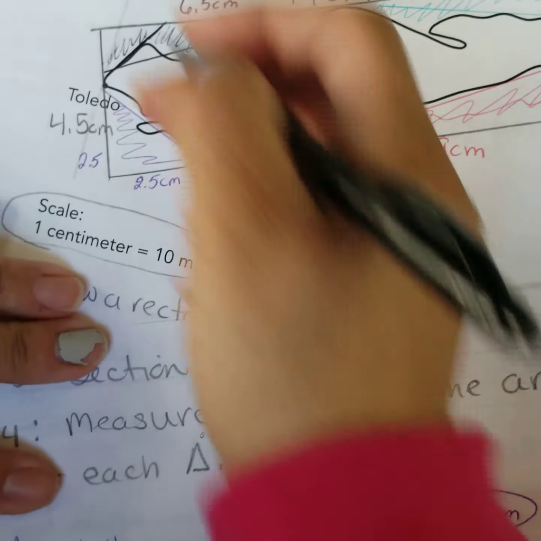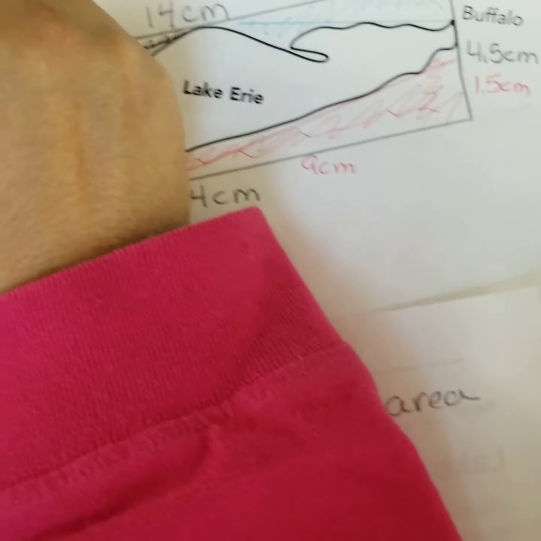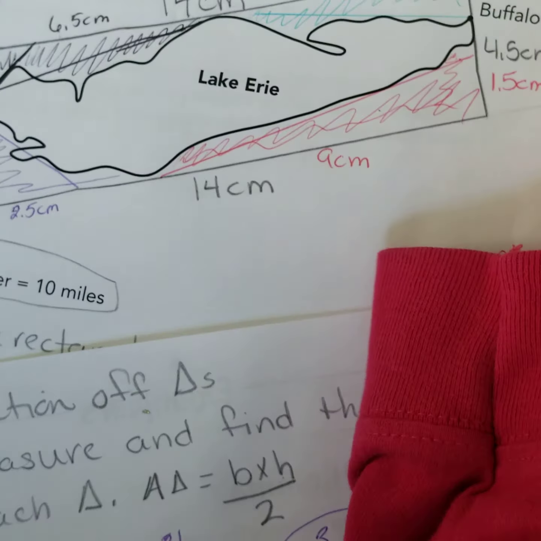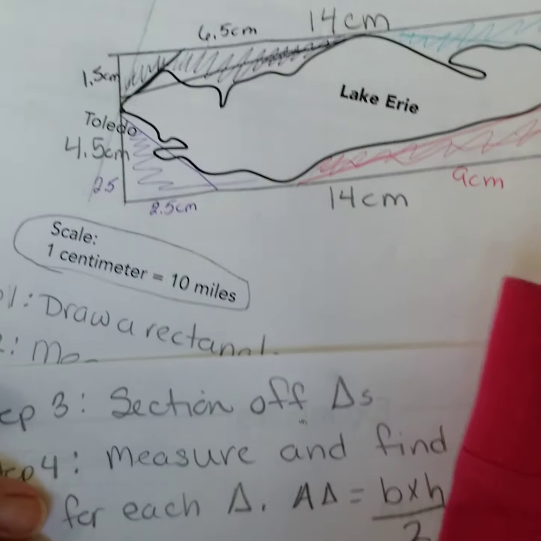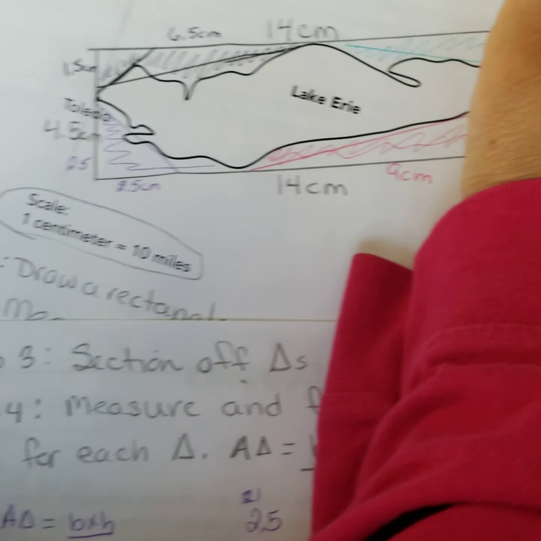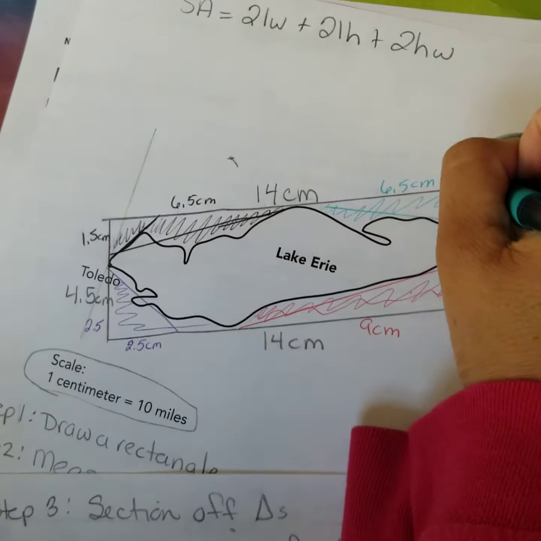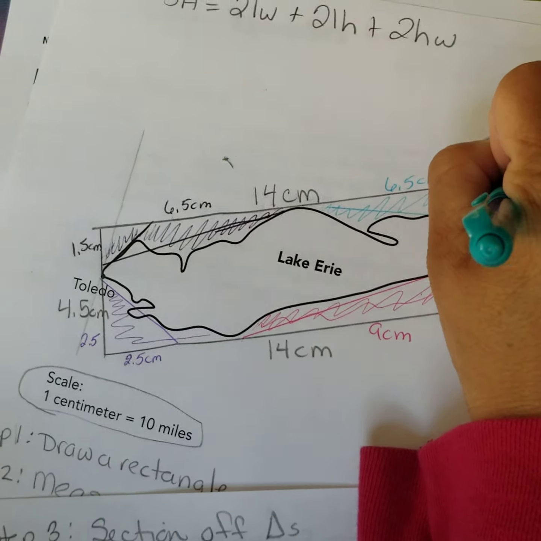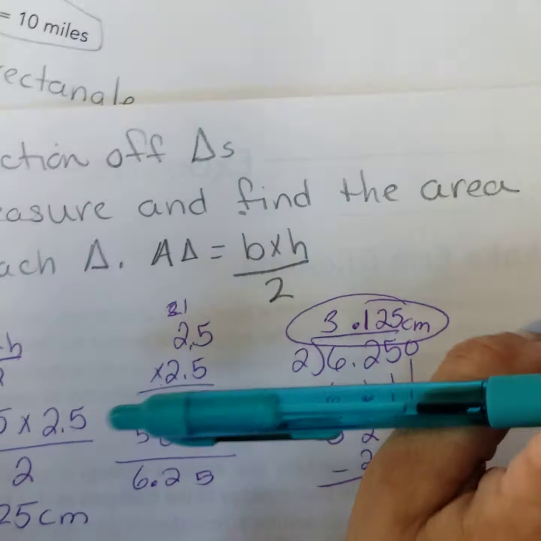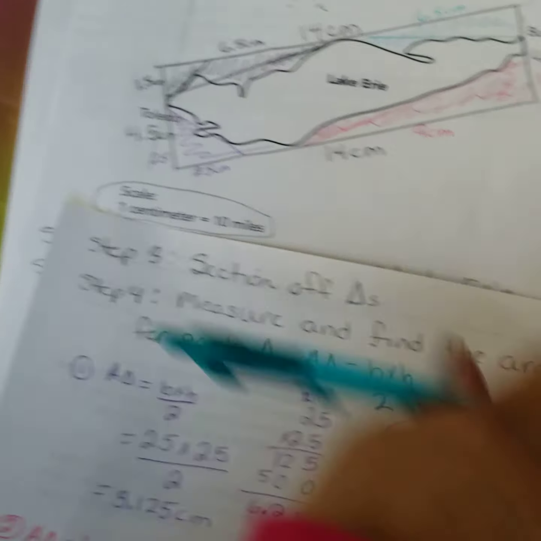It's like 1.5. Okay. I forgot to write the ones over here. So what did we say this was? 3.5? 6.5. And this was 1. Okay. So let's do this one. Last triangle.